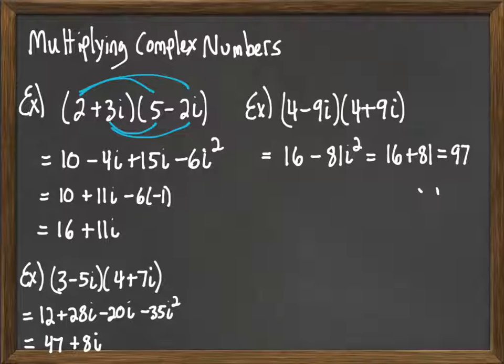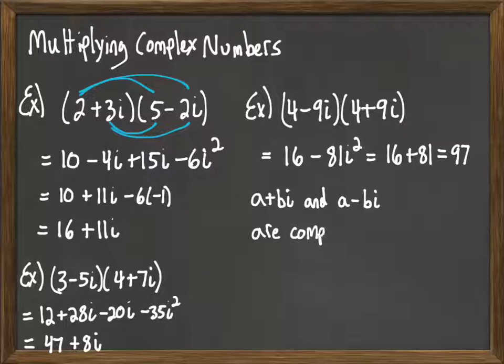And it turns out anytime you have a pair of complex numbers that are taking on the form of a difference of squares like this, when you multiply them, you're going to get a real number. In fact, we have a definition for these. a plus bi and a minus bi are complex conjugates.